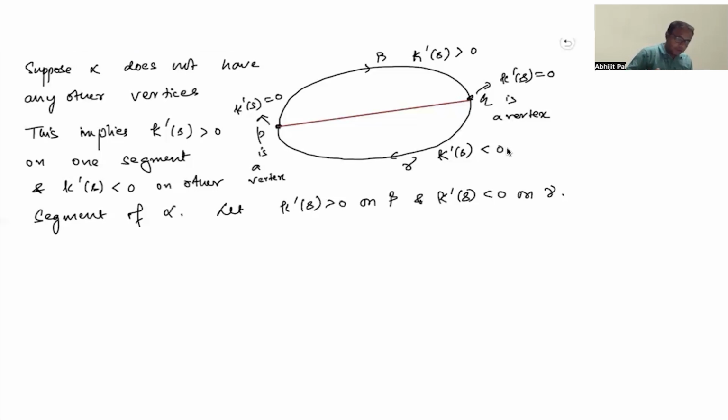Okay, so now if I again go back to this integral, the integral from 0 to L of dk/ds of alpha(s) dot product with n ds, you can divide as follows.